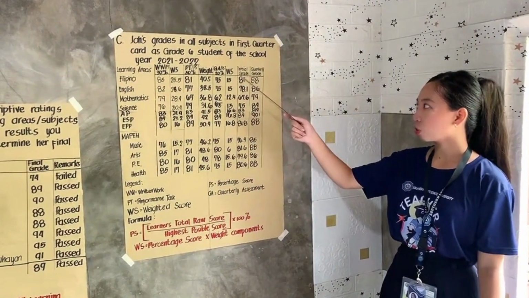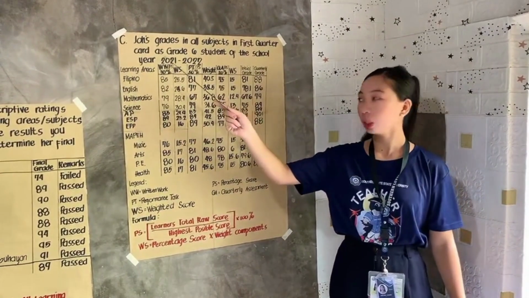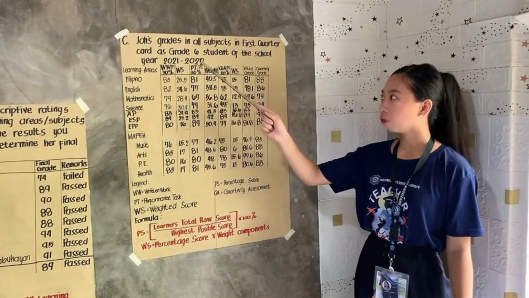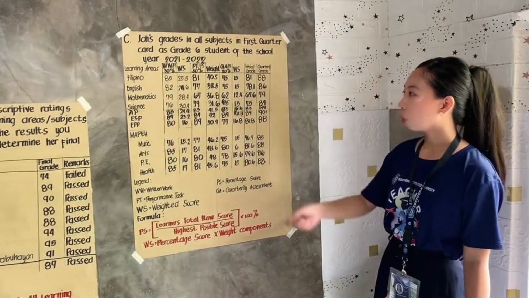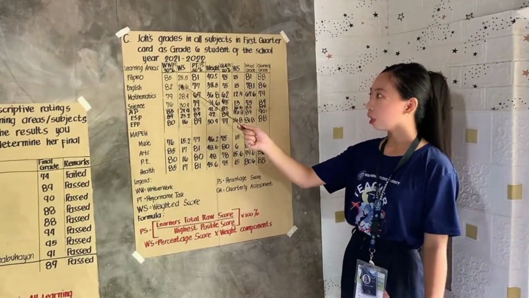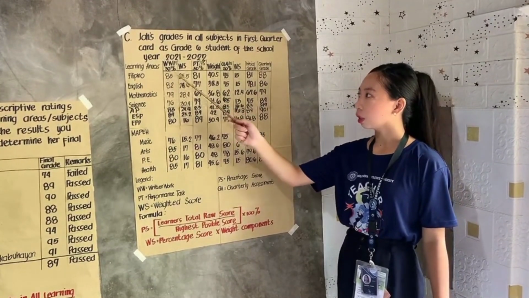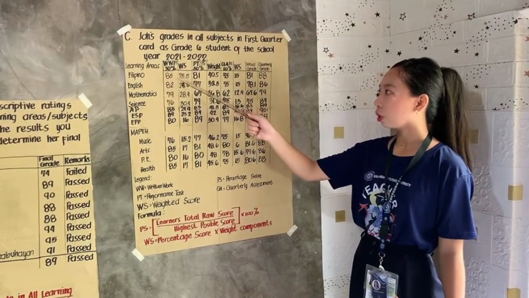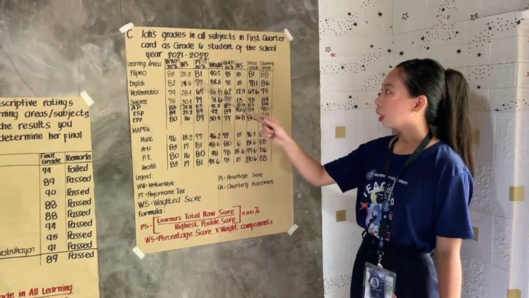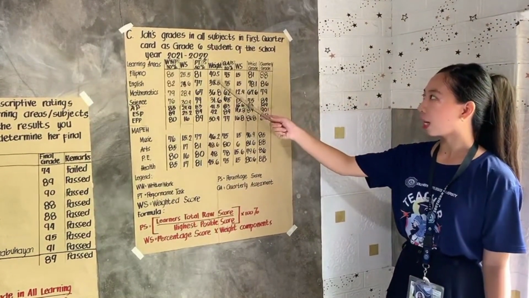To get the initial grade, we need to add the weighted score in written work, in performance task, and in quarterly assessment. So as you can see, the weighted score in written work in Filipino subject, John got 25.5, and in performance task, John got 40.5.